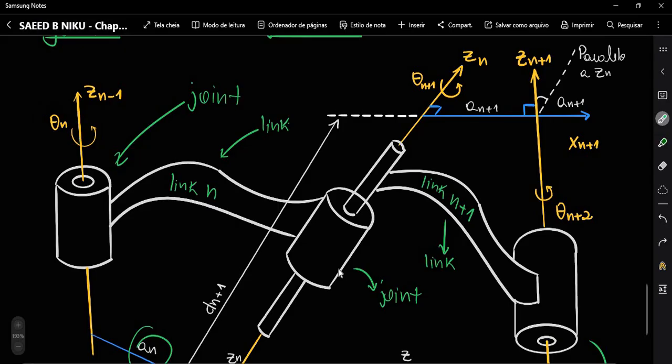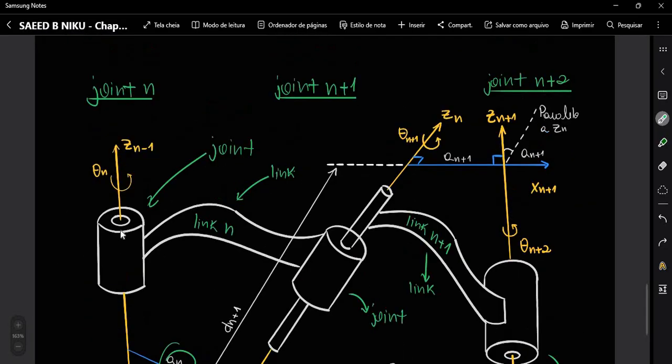As you can notice, right here is joint n, not joint 1, joint 2, joint 3.